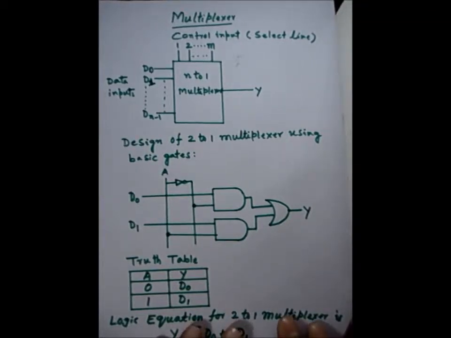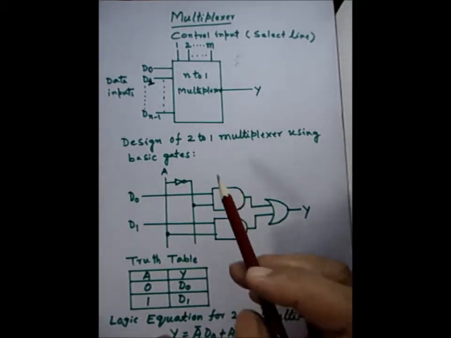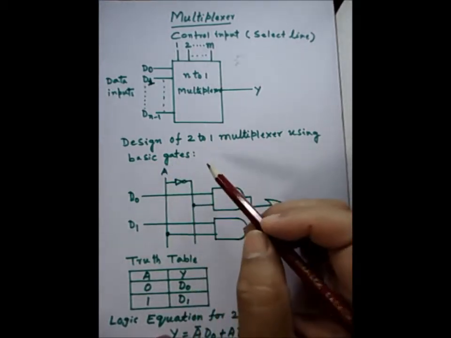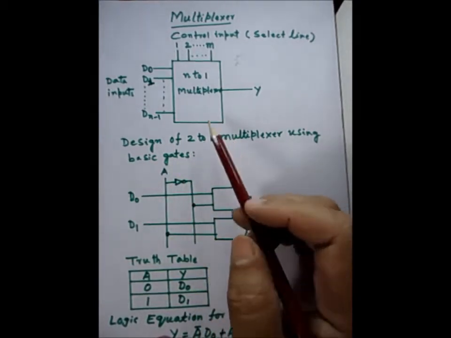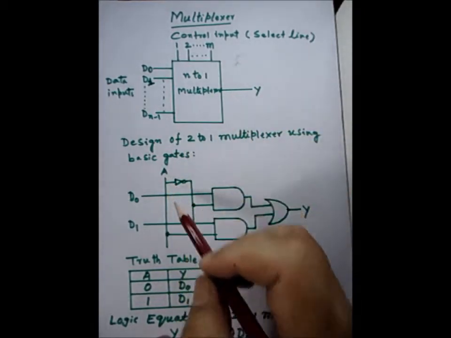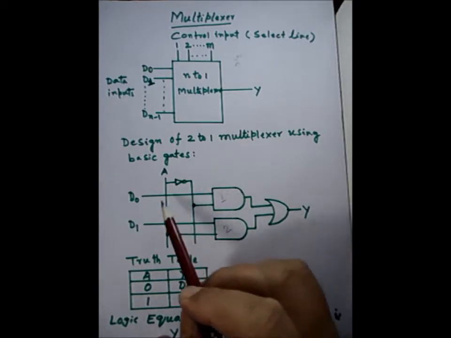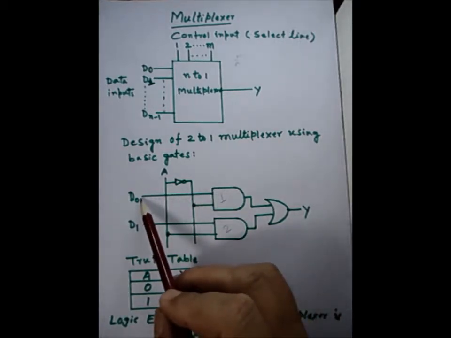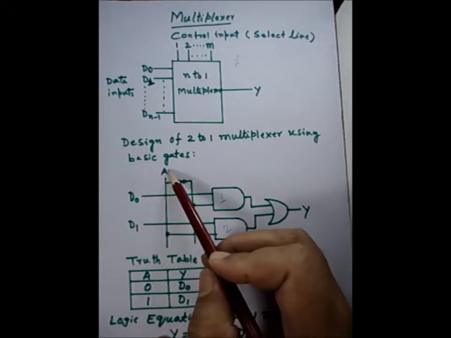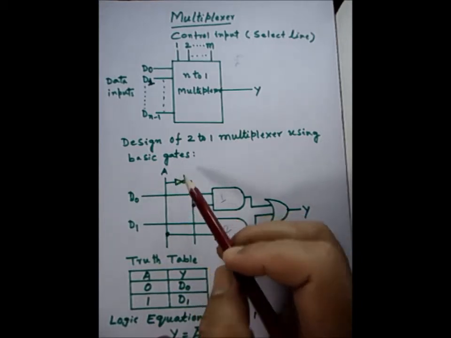Now let us take the simplest example, a 2:1 multiplexer, implemented with basic gates. For a 2:1 multiplexer there is only one control, which we denote by A. Because only one control is there, 2 to the power of 1 is 2, therefore two inputs will be there, D0 and D1.